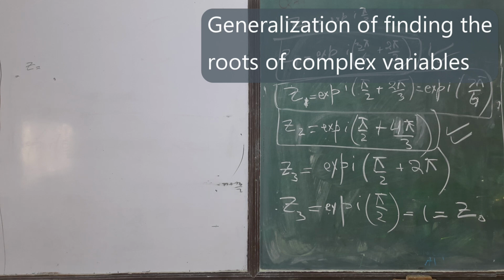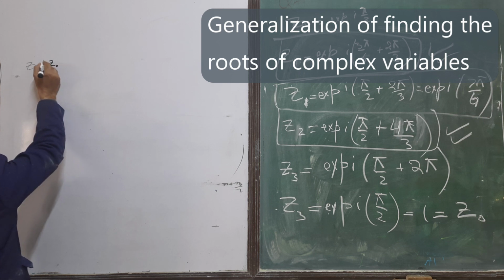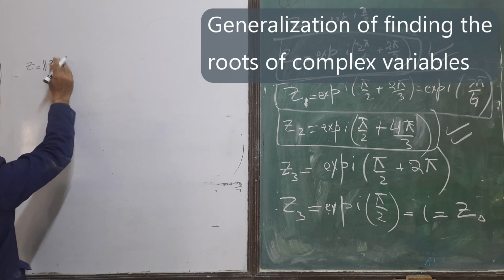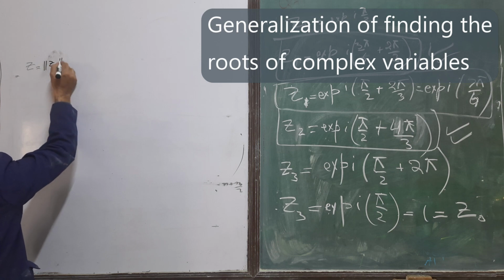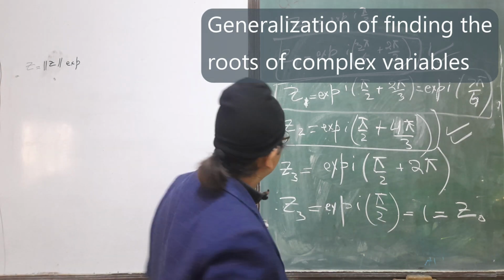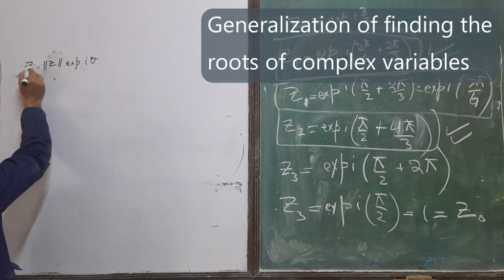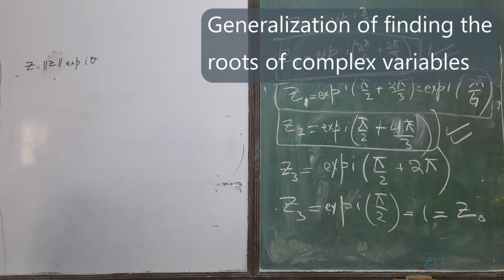Hello. Okay. Z equal to what is this? Z equal to Z naught. Yes. Oh, sorry. Z magnitude exponential of iota theta. This was a Z. Okay.